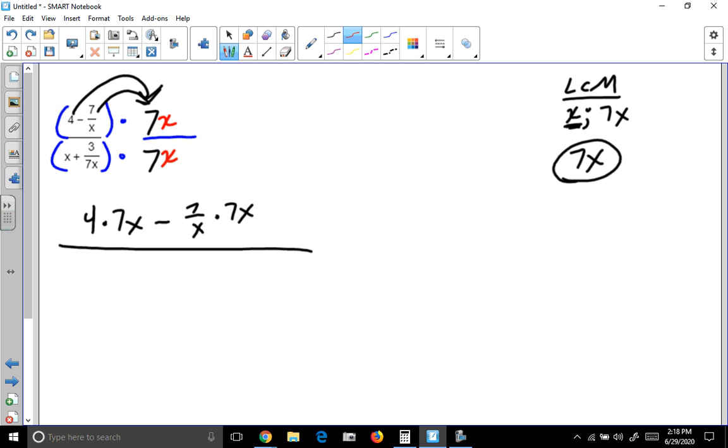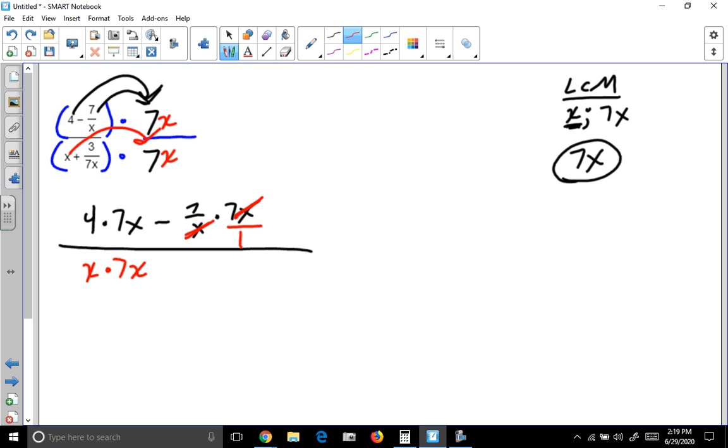Now the reason we want to multiply by the 7x is so that we can make that x and that one go away. Sometimes I like to put the one I'm multiplying by over 1, to remind myself that's on top. So if I have an x on top and an x on bottom, those will cancel each other. If we look at the denominator, we're going to do x times 7x.